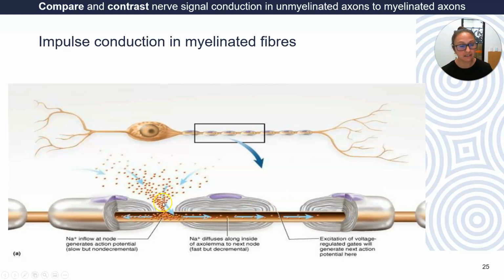It's a more efficient way, because the depolarization here, this -55, starts here but affects all the way to this region. So we're opening up our voltage-gated sodium channels here, with so much sodium that you end up depolarizing, or bringing this little spot to -55.